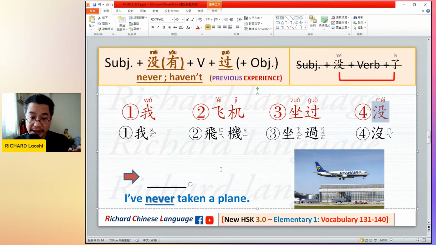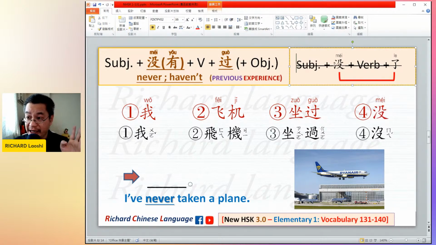When you tell me your answer, pay attention here. We never ever say 没 verb 了. This is absolutely wrong, because 了 means you started doing something.